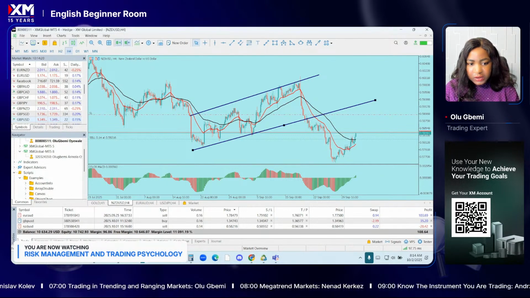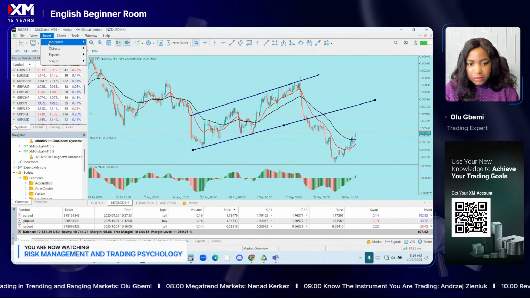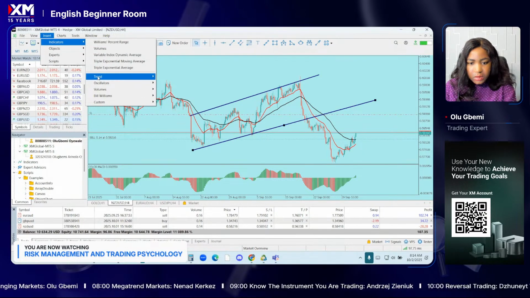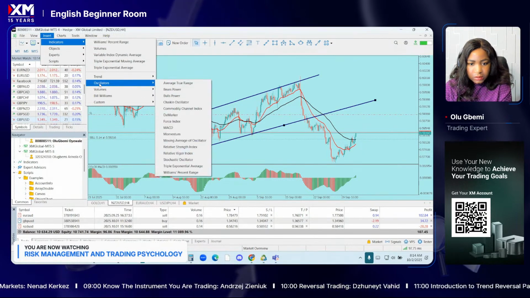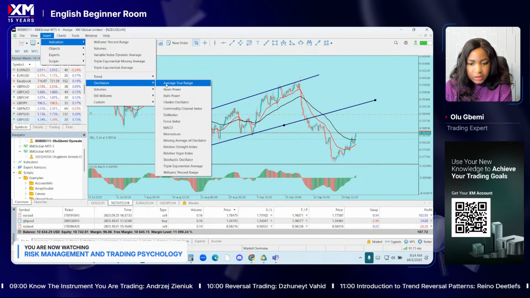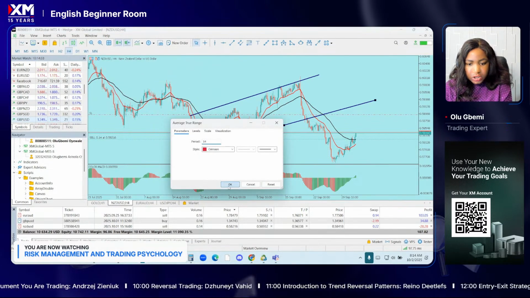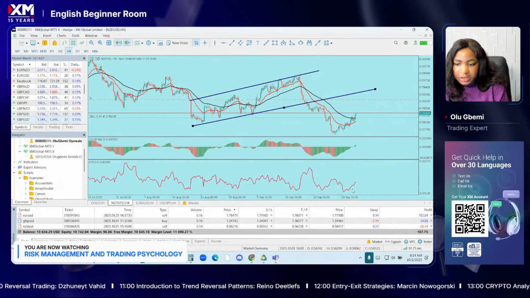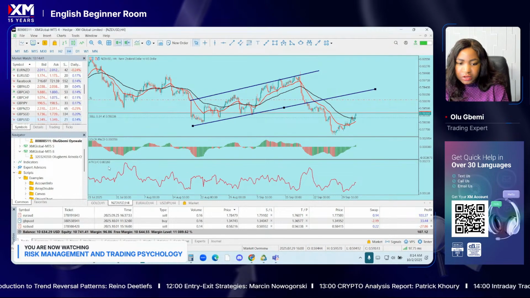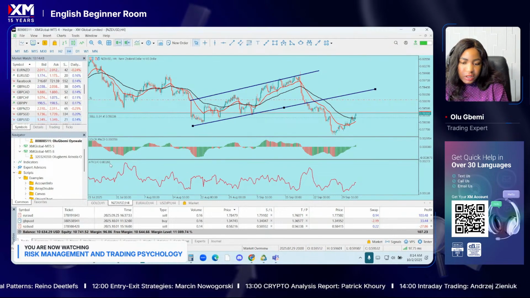Let me add that to the chart. So that's it, the average true range. This is it down here. They can use this to determine where their take profit is going to be. The current average true range is 16.8 pips.